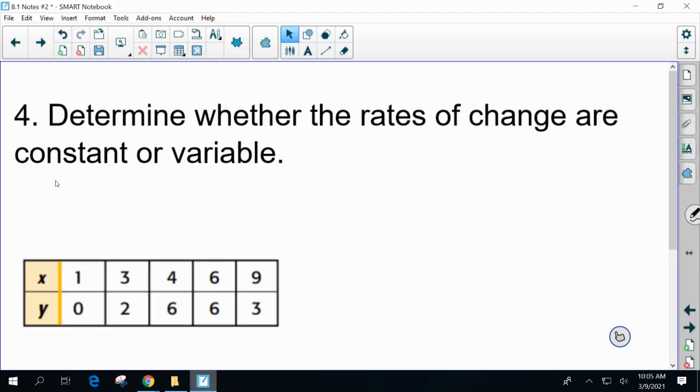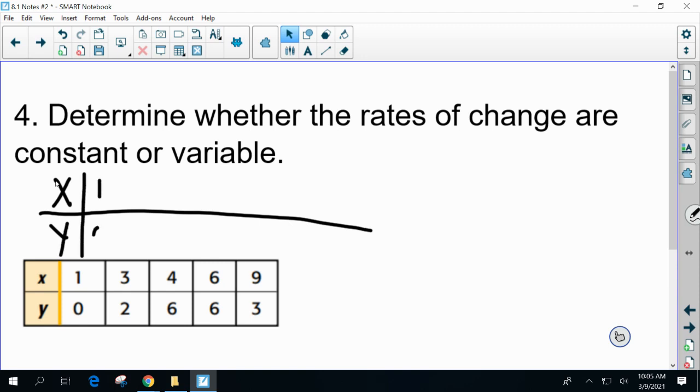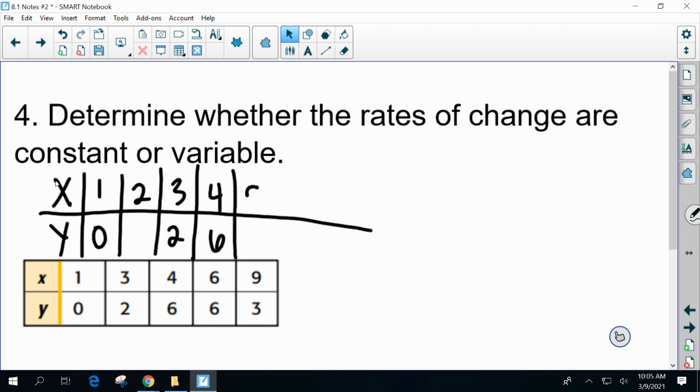All right, so if I extend my XY chart, I could probably stop at this point because what happens? It repeated, so this would be a variable rate of change.